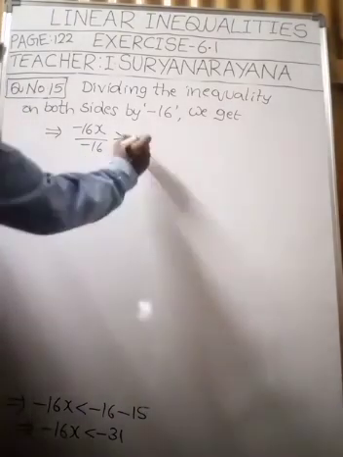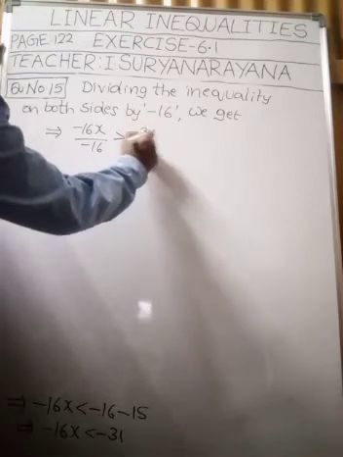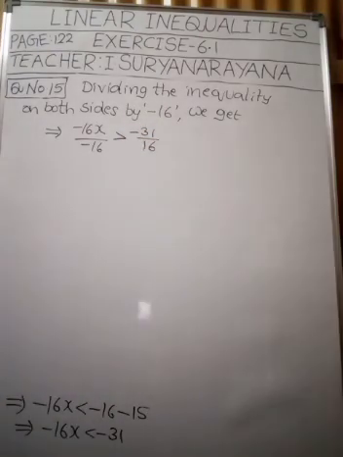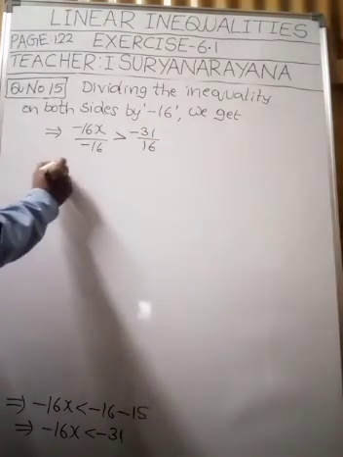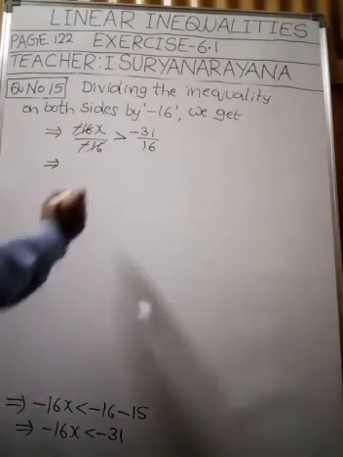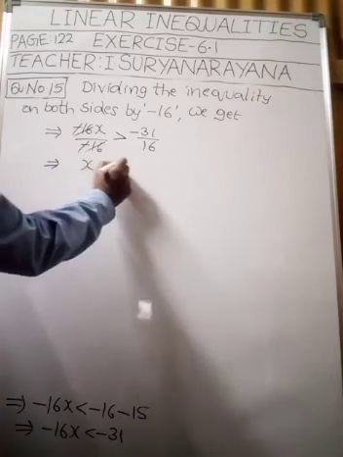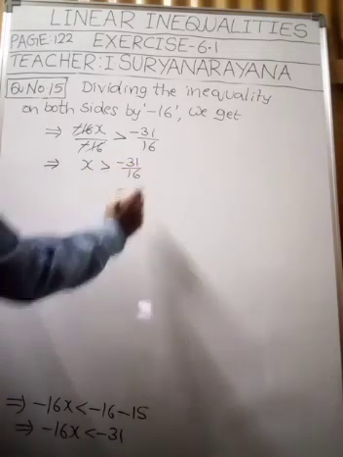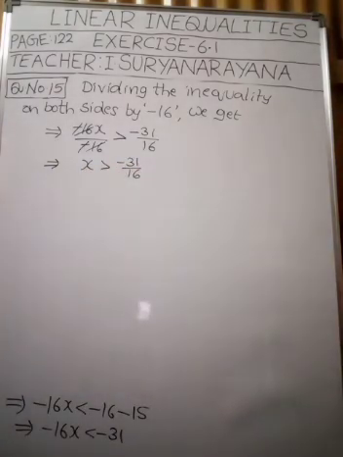Minus 31 by minus 16. Okay, my dear children. Right. This implies minus 16, 16 gets cancelled. x greater than minus 31 by 16.